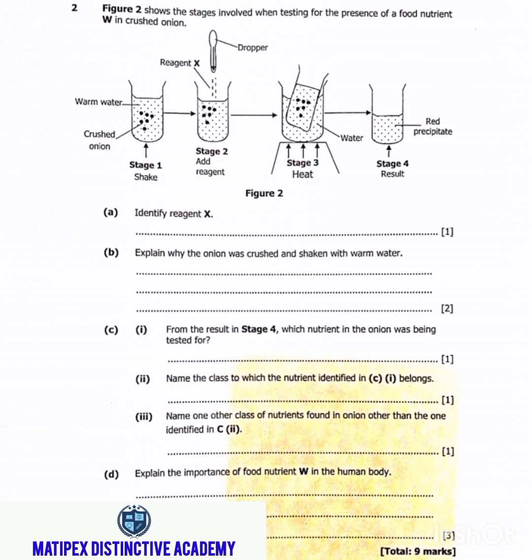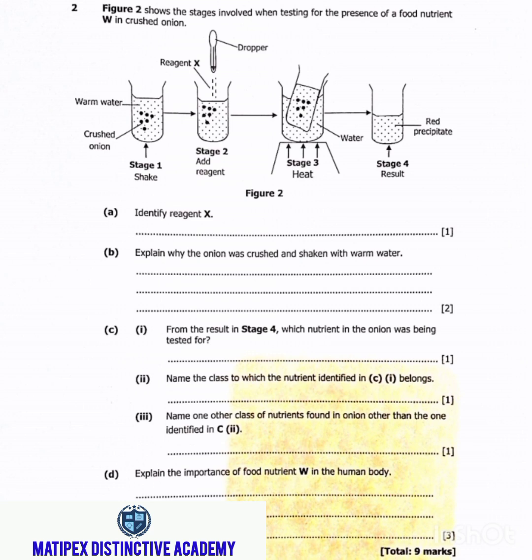Again, for those writing, you can write this as: the onion was crushed to disrupt the cell structure, releasing sugars. Then it was shaken with warm water to extract the sugars from the onion, making them available for testing.